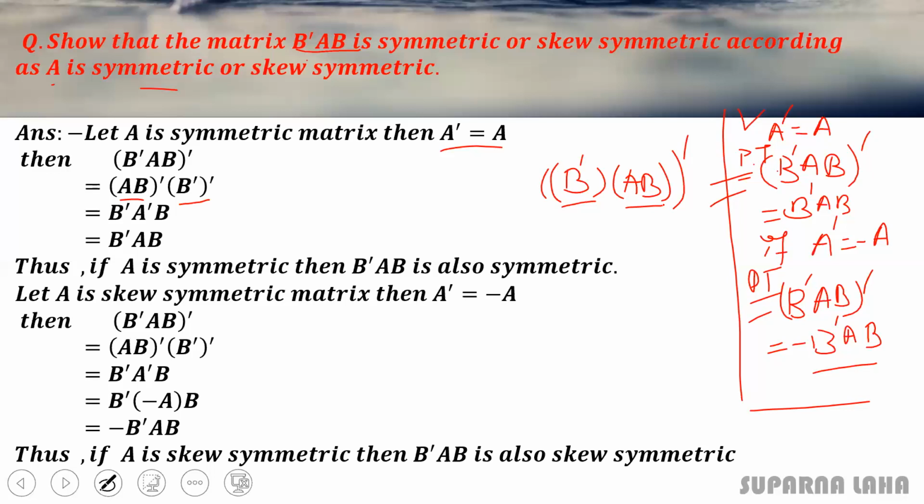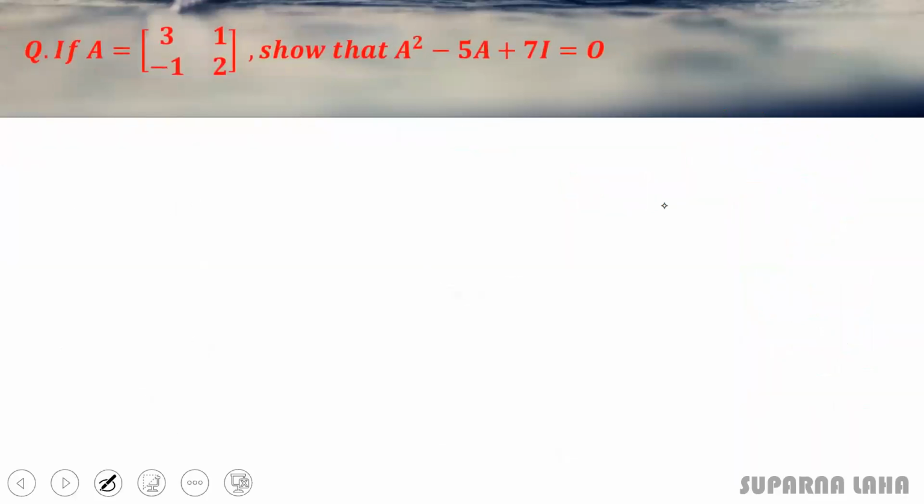So the next problem. If A is given as the 2 by 2 matrix 3 1 minus 1 2, show that A square minus 5A plus 7I is the zero matrix. This is not zero, this is the zero matrix of 2 by 2, and I is also a 2 by 2 matrix.